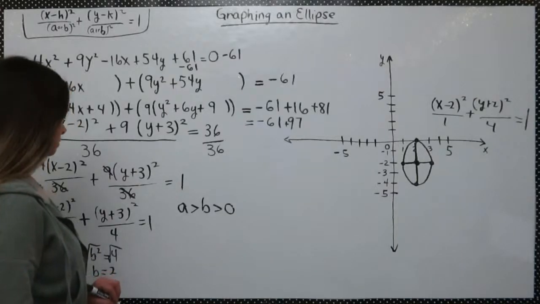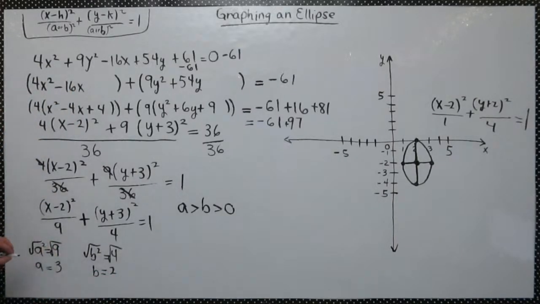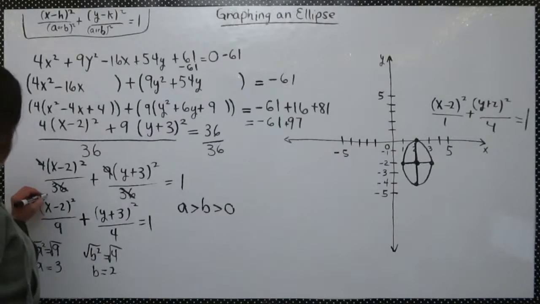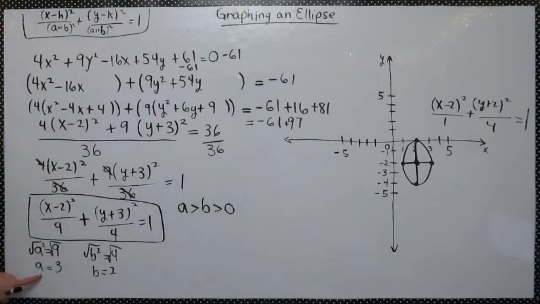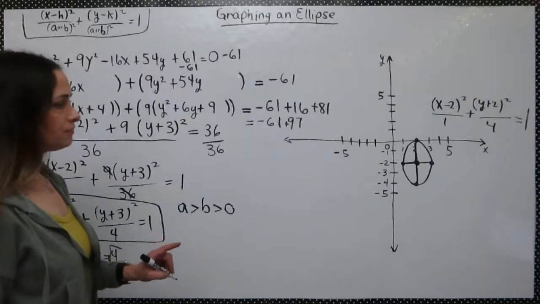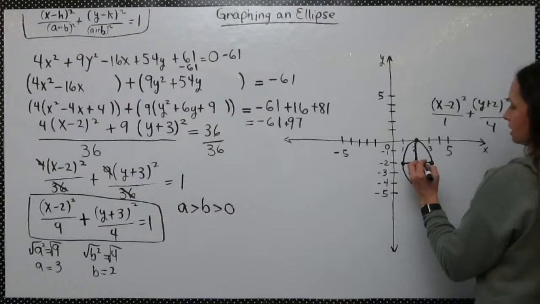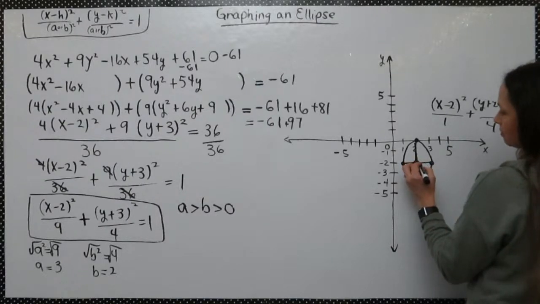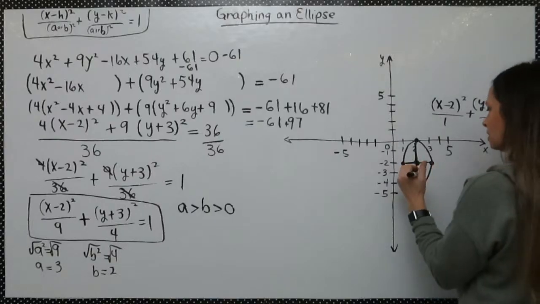What we're going to do now is look at our form again. And this is the beauty of the reason why we put it in this form, so that we can find A, which is the distance from the center. A is your horizontal chord.